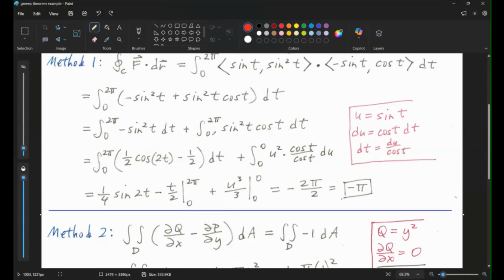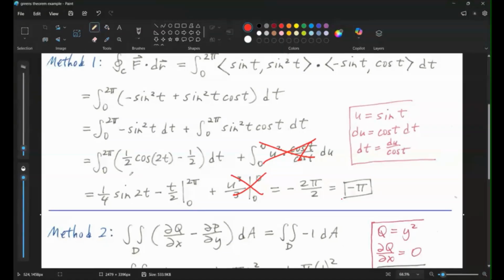And for this, you can make u equal sine of t and do a u substitution. The cosines cancel out, and you just get u squared from 0 to 0. Now, this is going to go to 0, so this is gone anyway.